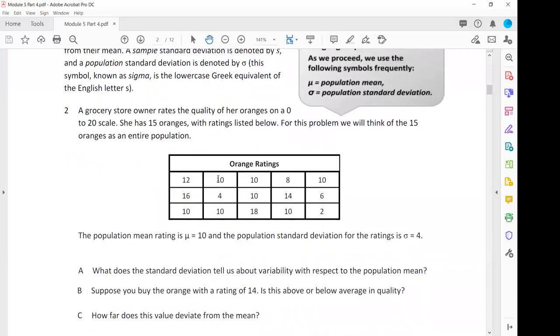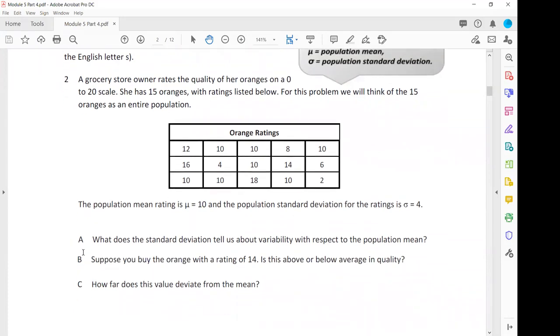We have 12, 10, 10, 8, 10, and the rest of the ratings. We calculate the mean of this population, and we say that mu is equal to 10. We calculate the standard deviation of this population, and we say that sigma is equal to 4.